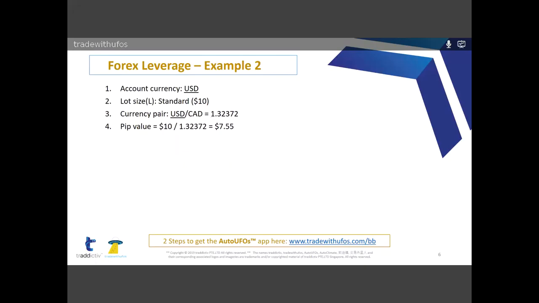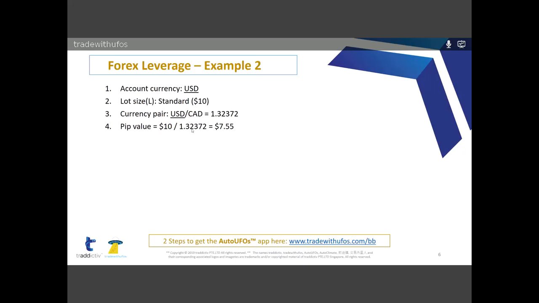So what we're doing is grabbing this pair's value, the dollar CAD, and dividing our lot size by it, because with some quick arithmetic, we want the dollar to be the numerator, so we divide so that the pair value is in the denominator, okay?